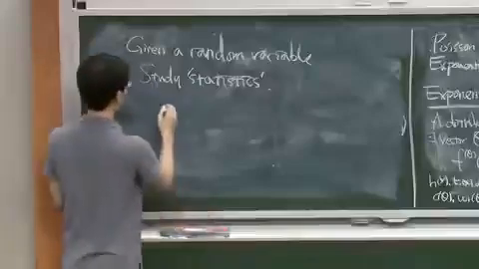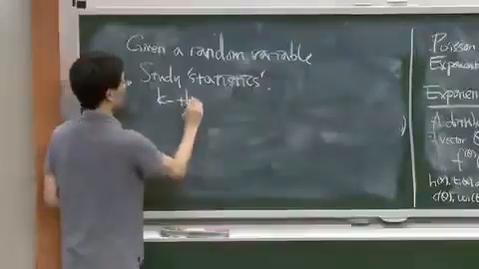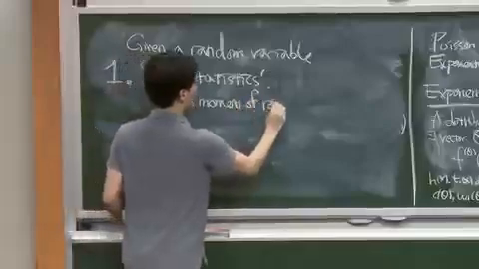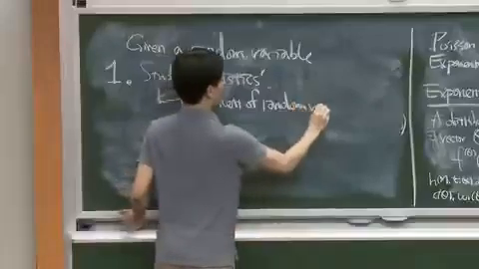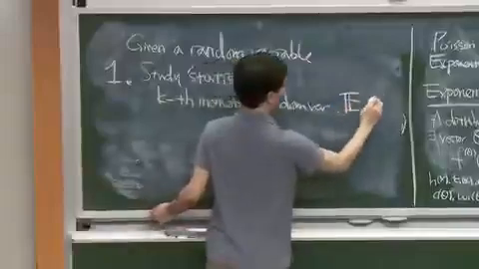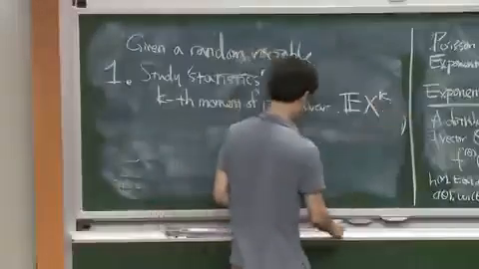And that will be represented by the k-th moments of the random variable. The k-th moment is defined as the expectation of X to the k.